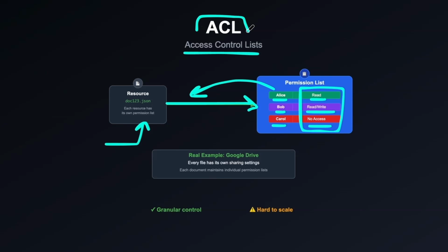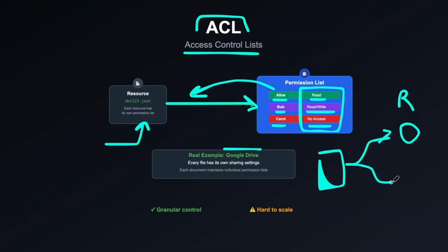ACLs are highly specific and also user-centric, which means it's hard to scale them well in systems with millions of users or objects unless you manage them carefully. But for example, Google Drive is one example of this, where you have documents like a Google Doc, and then you share this Google Doc with your colleagues, right? So you share with someone with read access only, and then you share this doc with someone else, but now they can also edit and add comments to this document.